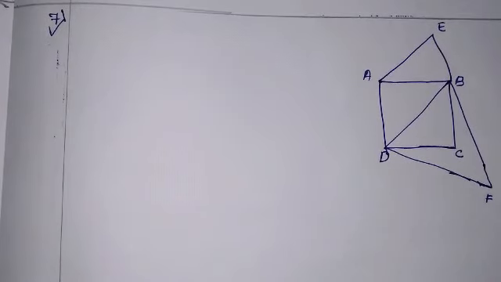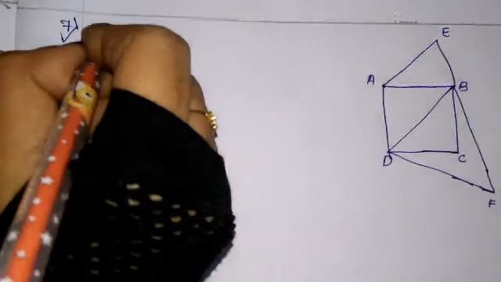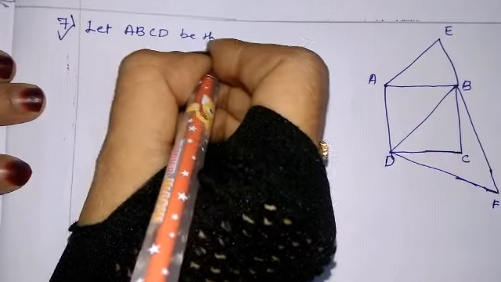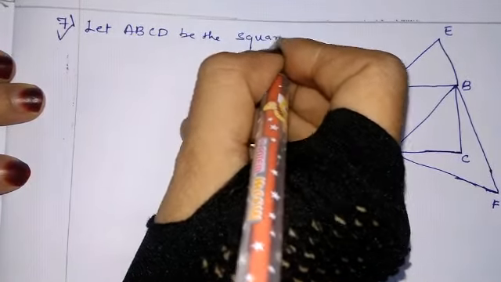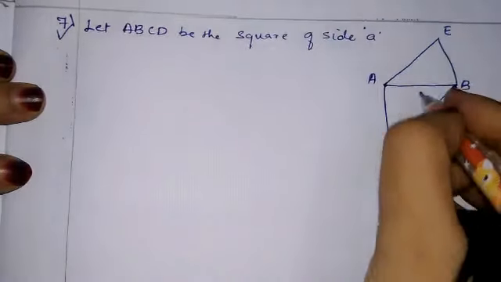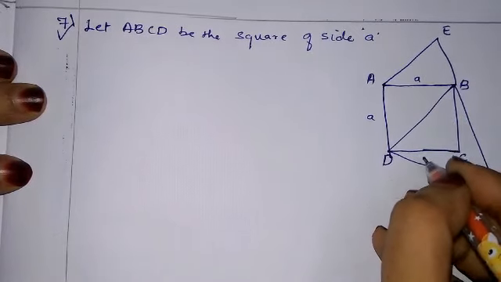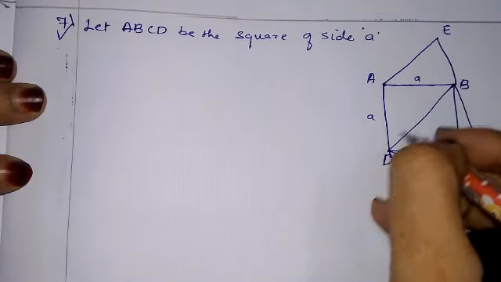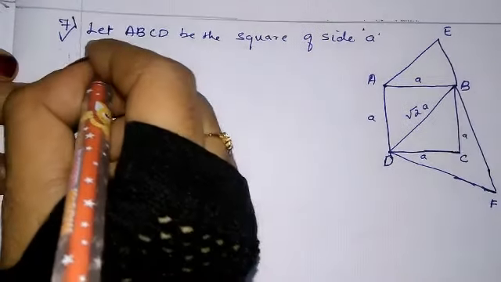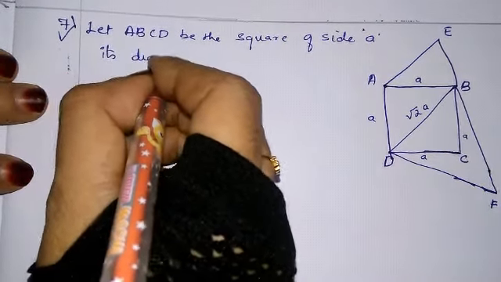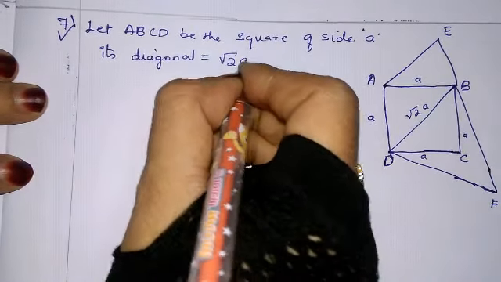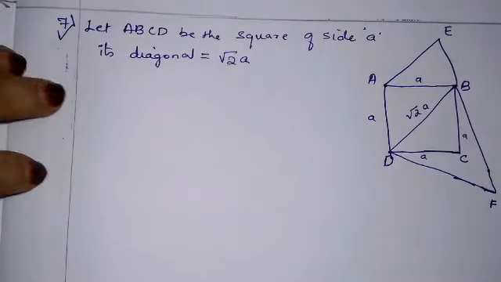What they have told: let ABCD be the square of side a. Now we know the diagonal is automatically root 2 a. Therefore its diagonal is root 2 a. How root 2 a? You may wonder how it is root 2 a.